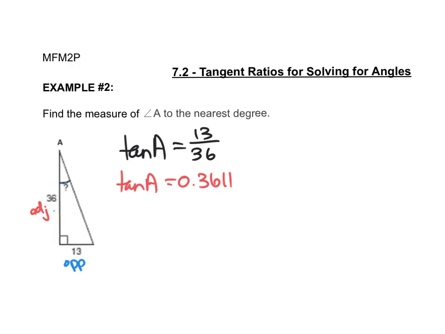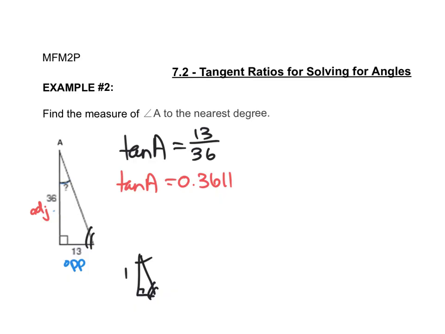So all I'm doing, remember from our similar triangles unit, is that as long as the angles are equal, the sides will be proportional. So if I were to draw another triangle like this that had the opposite side of 1, I'm going to say that all of these angles are the same as this triangle.